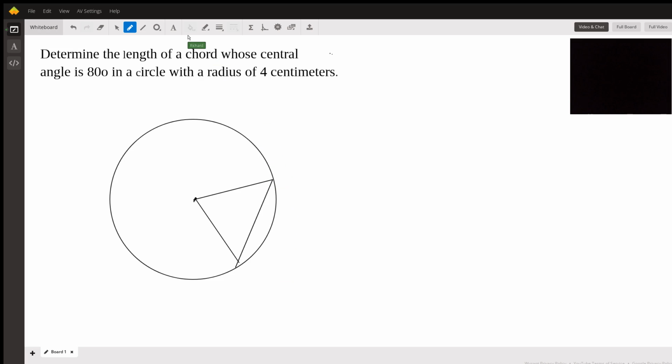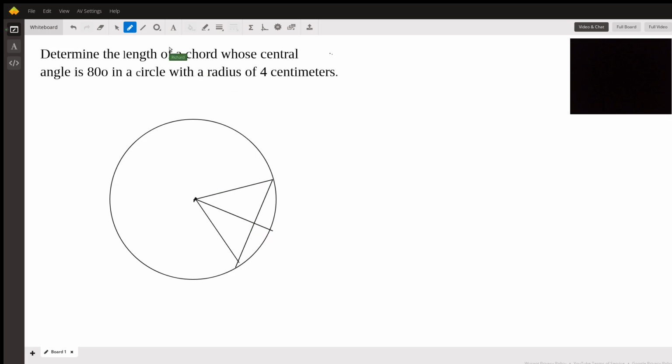Okay, so what we're interested in is the length of the chord, this chord here. And so all you have to do is remember there's a theorem from geometry that says if you drop a perpendicular here, it will bisect the chord.